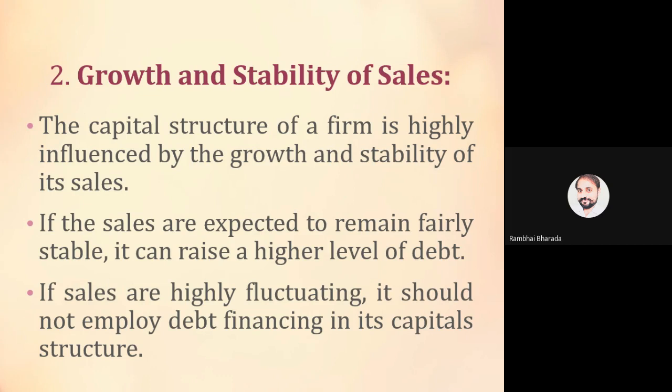Let's suppose this is the sales of the company, and there is stability, either this one or this one. If the company has the ability to maintain or grow sales, at that time it can go for debt capital. But if the company is not able to maintain growth and stable sales, it will go for equity shares. Let me explain.